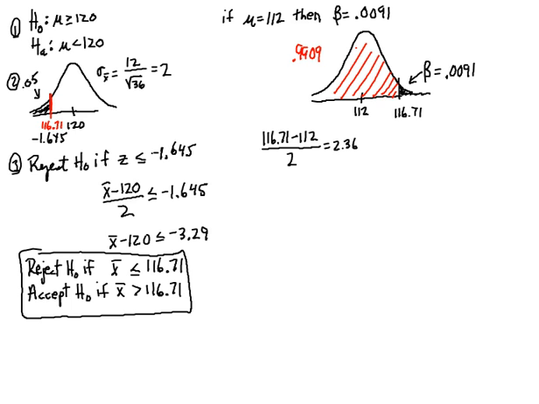Now I want to analyze the situation where the average life of the batteries turns out to be 115. So if mu is 115, then what is the probability of making a type 2 error? Okay, in this situation, I'm going to try to draw this so we can compare it to what we've already done.